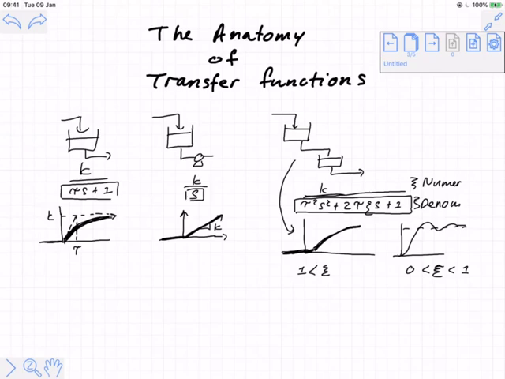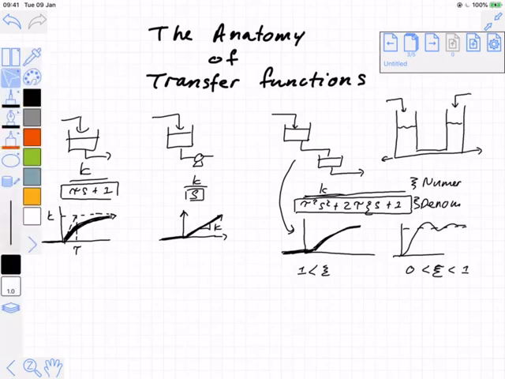Also, it's possibly useful to imagine what kind of liquid system would exhibit this kind of oscillatory behavior. And one place where we see something similar to this is when we have two tanks that are connected in this way, where flow can be introduced into either one of these tanks.